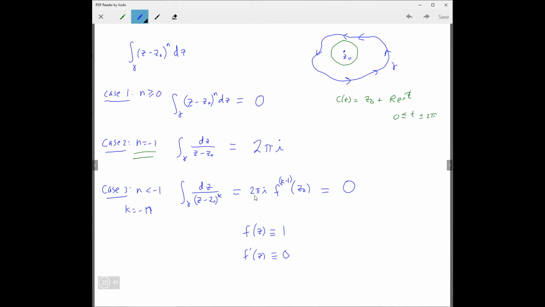So this is divided by n factorial, or I'm sorry, k minus 1 factorial. Yeah, so technically you're going to have that right there. Something like that, okay?